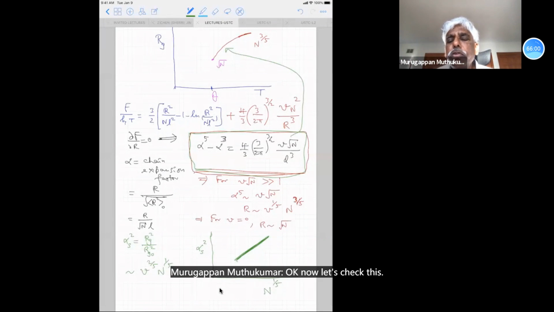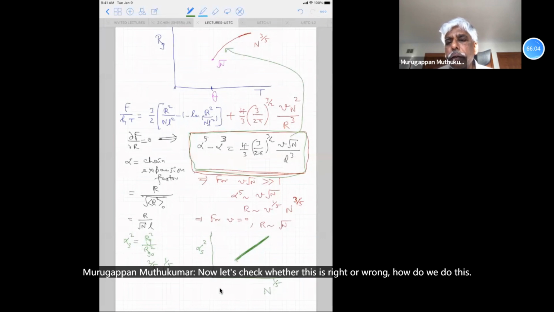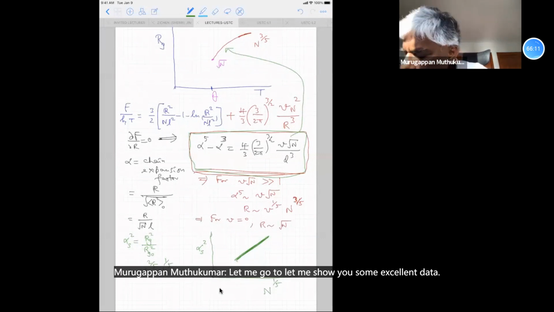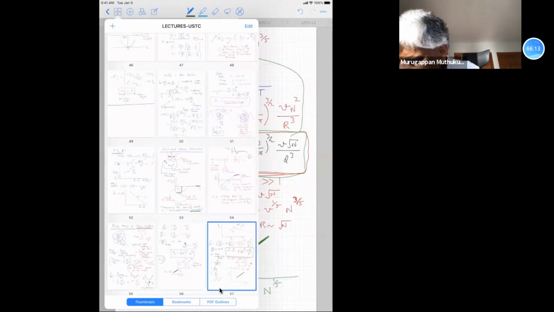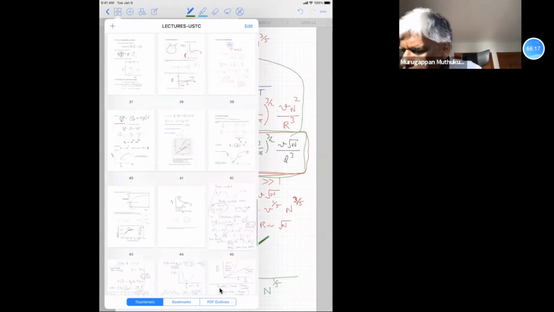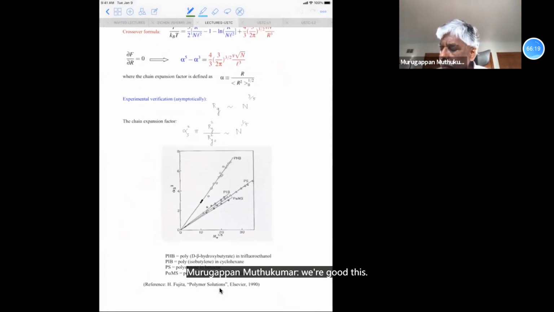Now let's check whether this is right or wrong. How do we do this? Let me show you some experimental data. Look at this.